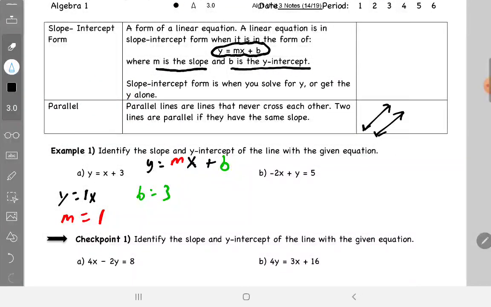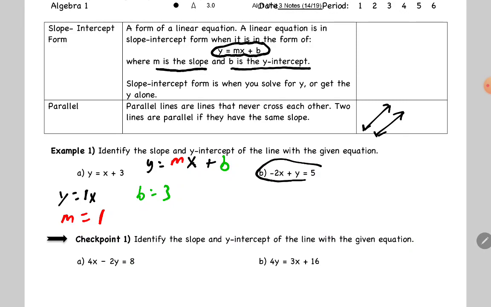Okay, so let's look at part B. So this is not in slope-intercept form. Not in slope-intercept form. So we're going to change it by solving for y.